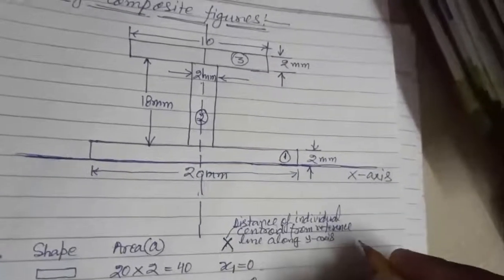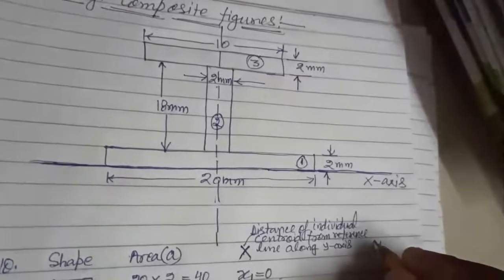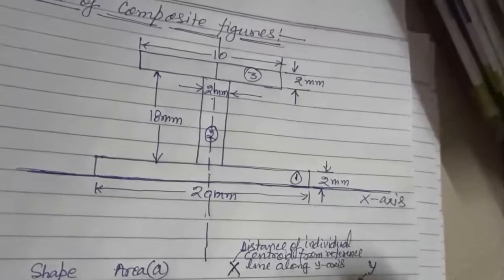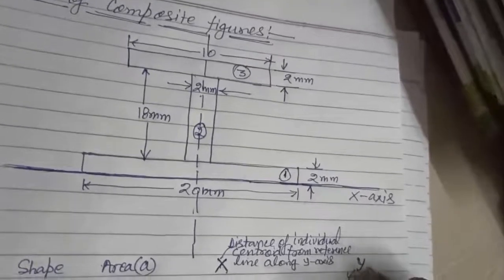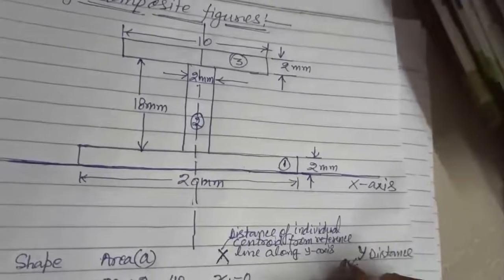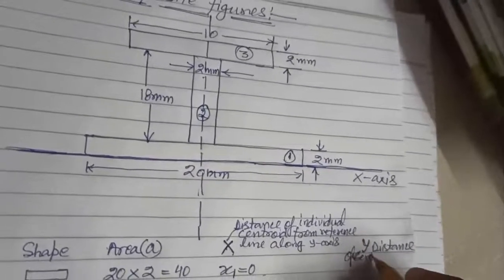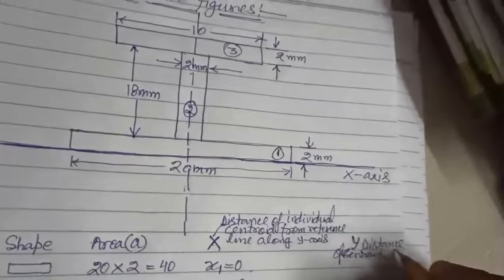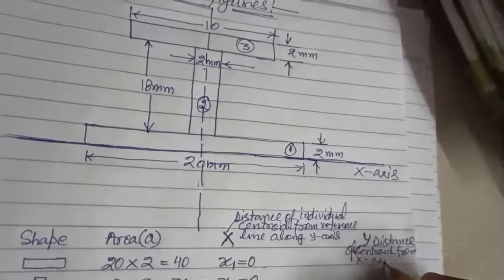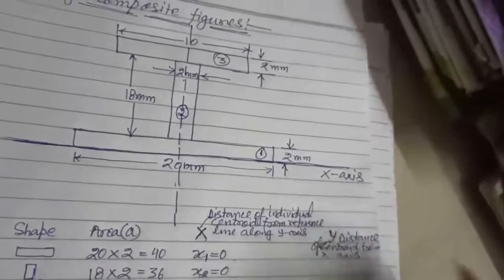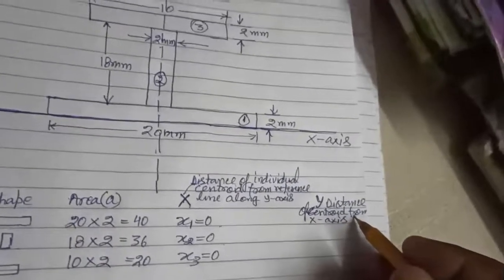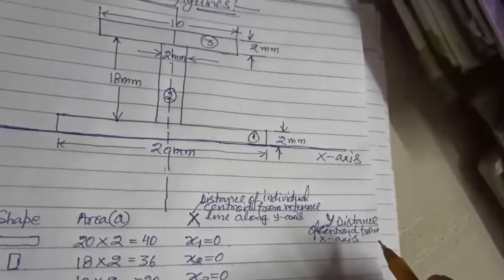Now y is the distance of the centroid from the x-axis. The distance from the x-axis is the y coordinate of the centroid.